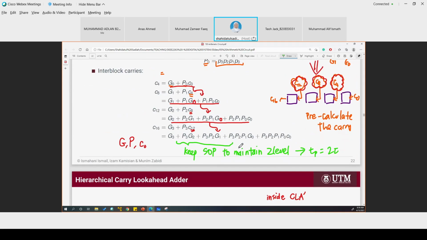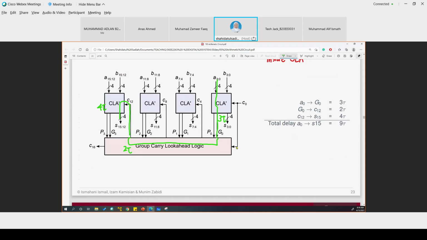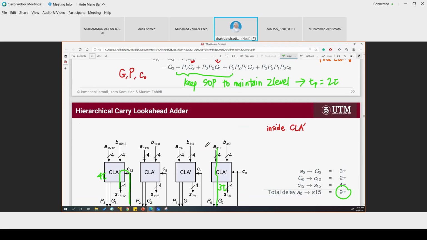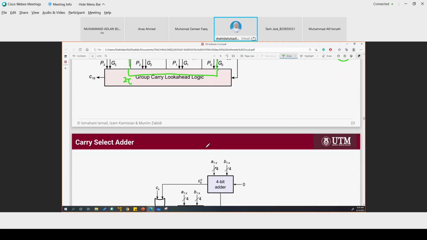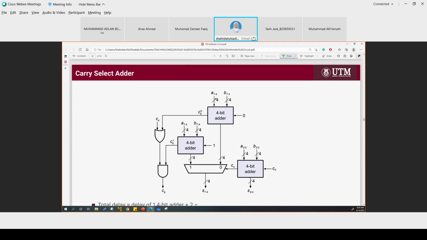Okay, but when we do the grouping, okay, the total delay is 9 tau. So there is an improvement, right? So that is all about the carry look ahead adder. Next, we're going to see another high-speed adder, which is a carry select adder.